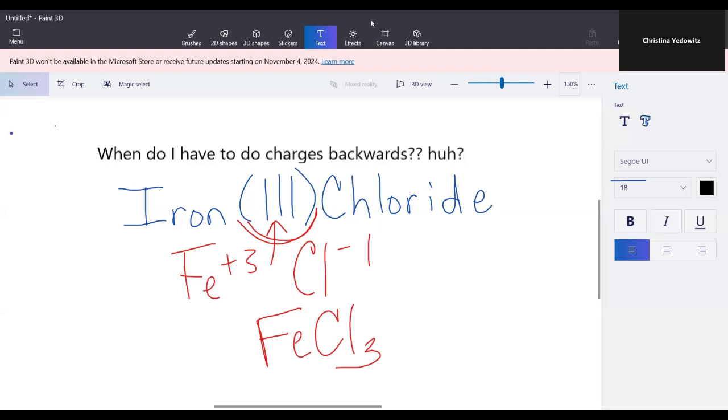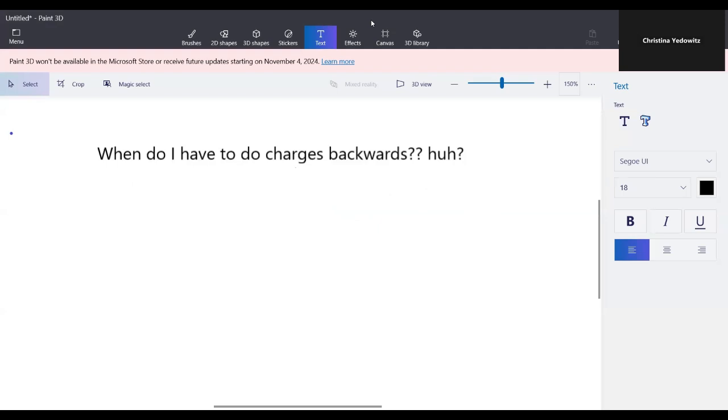Where you have to do the annoying thing is if you're the one given the formula. If somebody says to you, oh, this is Fe2O3, you're the one who has to figure out the charge and put it in Roman numerals so that other people know.